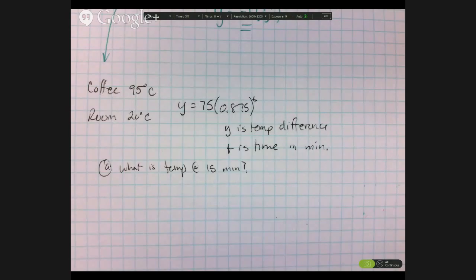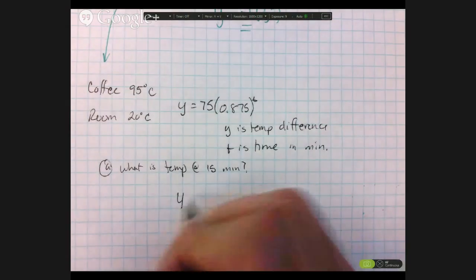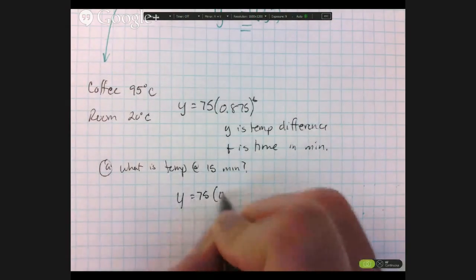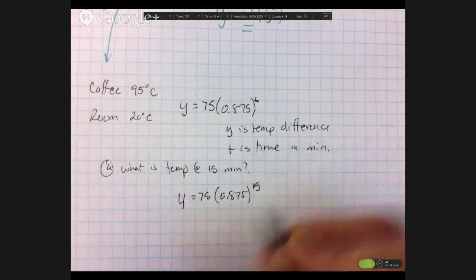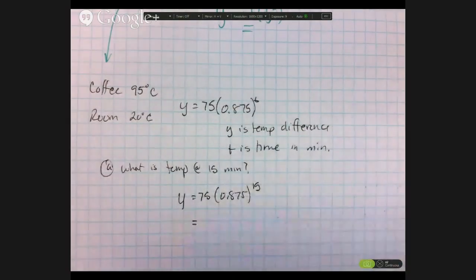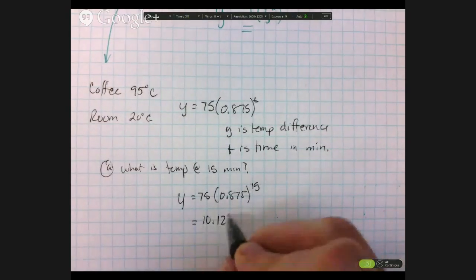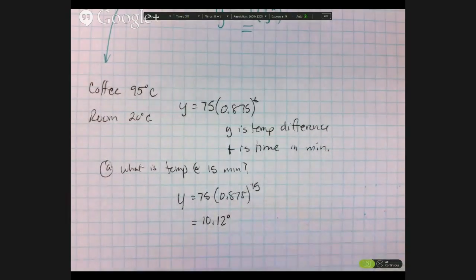So what are we going to do? Plug it into T. Now pay attention here to what y actually means. 10.12. Okay, is that the actual temperature of the coffee?